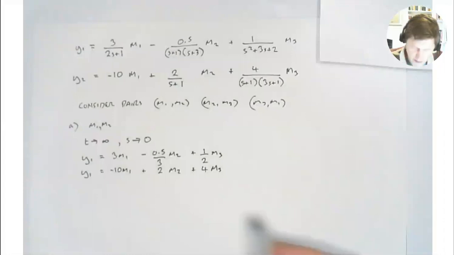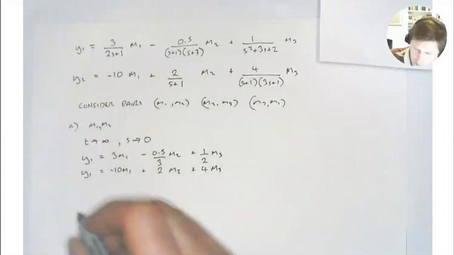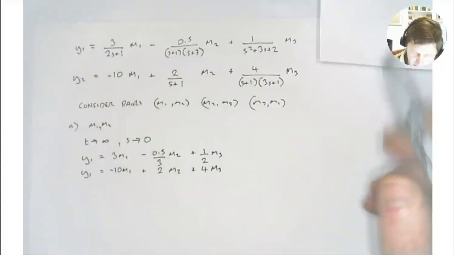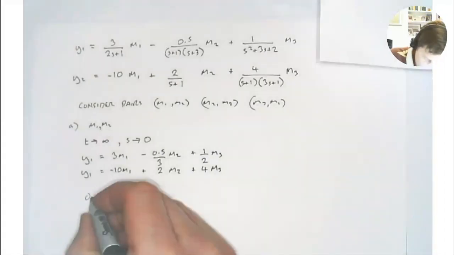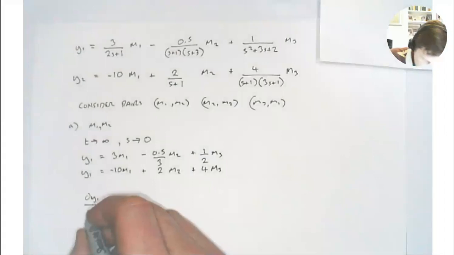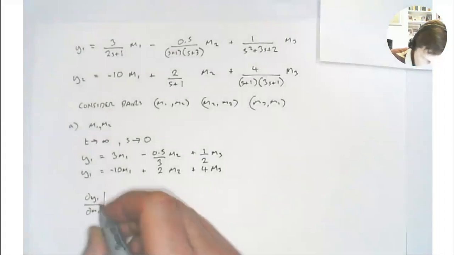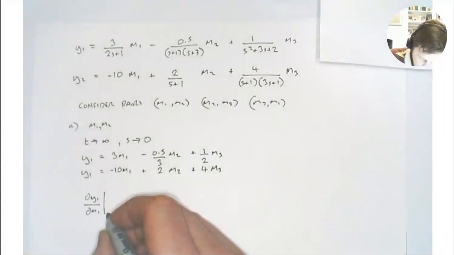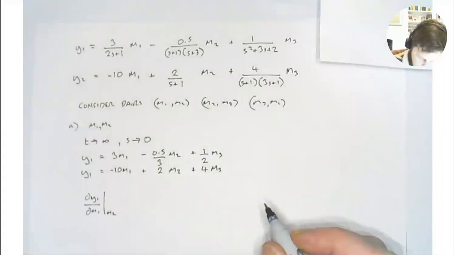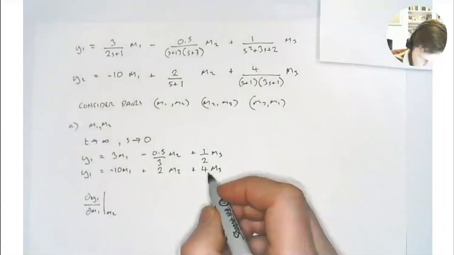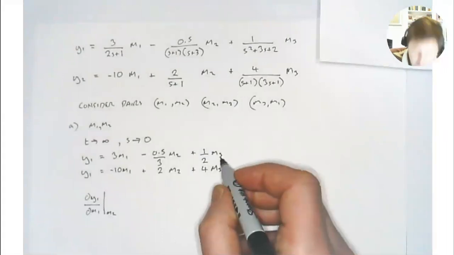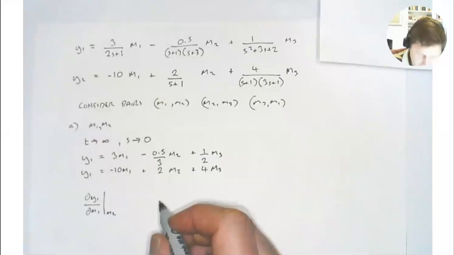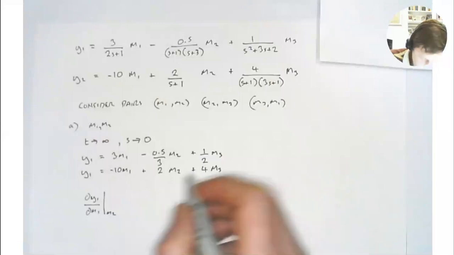So if we look at our expression for lambda 1 first, the first part of that is straightforward, dy1 by dm1 when m2 is constant and m3 is constant as well, because we're not considering that to be a variable input when we're analysing these pairs.